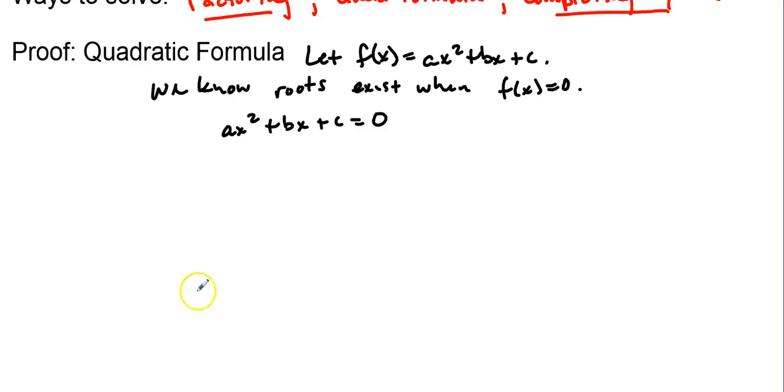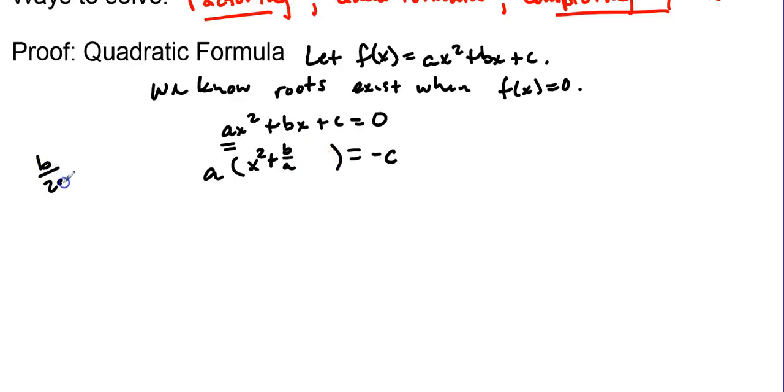All of our work, or most of our work for this particular proof, is completing the square. We're going to move our c over, and what I'm actually going to do is factor out an a. That's an important step. Anytime you complete the square, make sure that the coefficient on the x squared term is 1. So we factor out an a, which leaves us with x squared plus b over a. We've got this term right here, and we need to chop that in half.